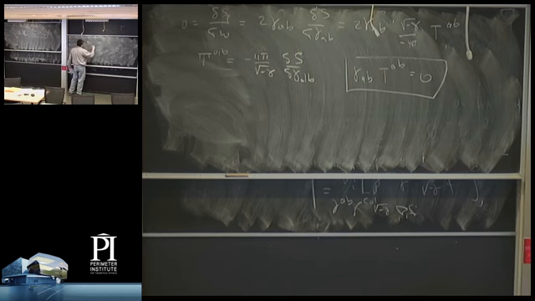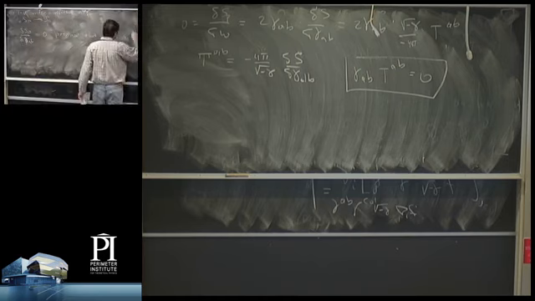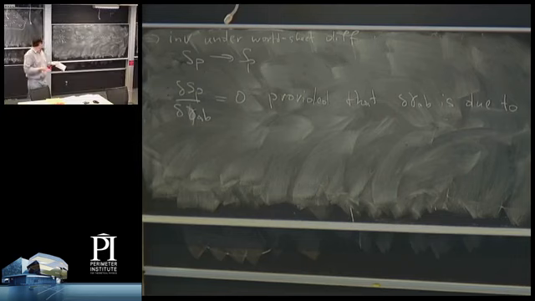provided, so now I am putting a constraint, provided that delta gamma AB is due to a change of coordinates, right? So there is a variation of the metric which will be physically different from the one we started with.